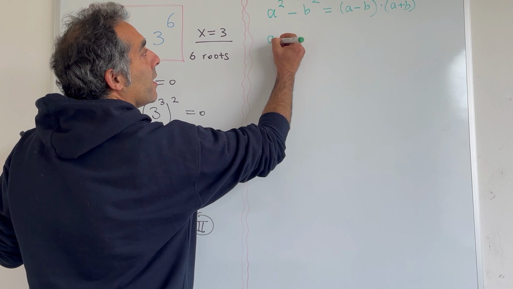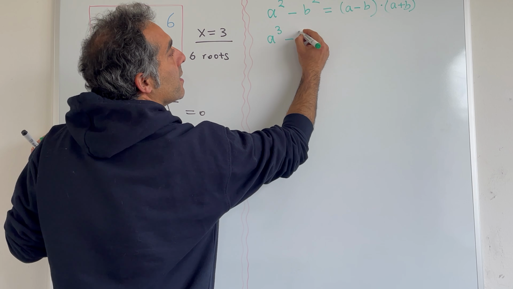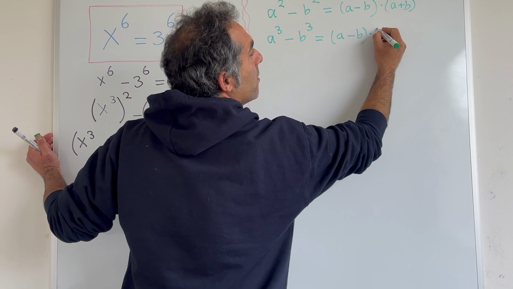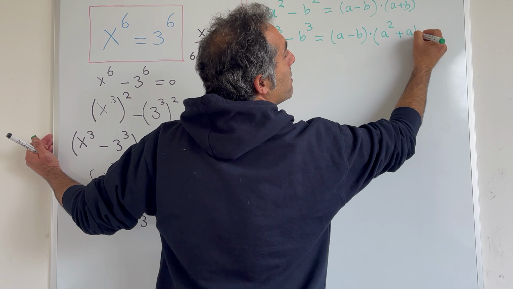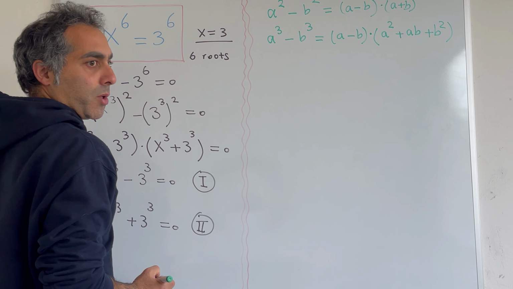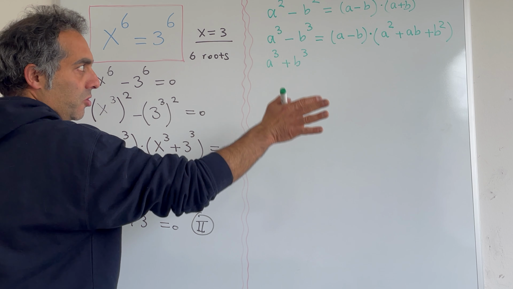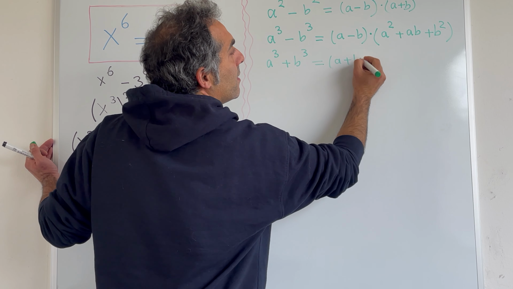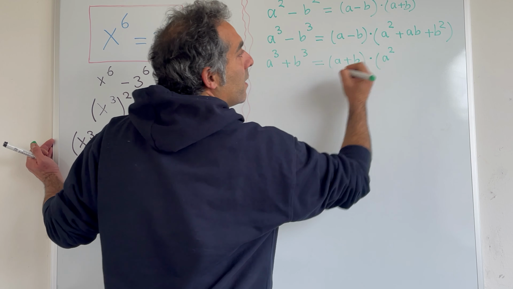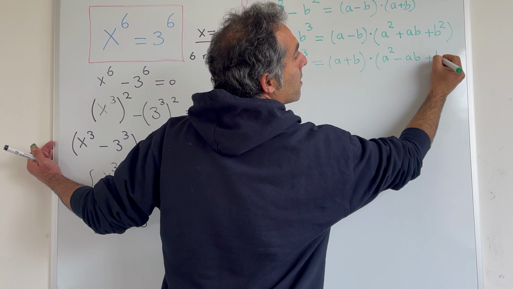You know from the mathematical properties, a cubed minus b cubed equals a minus b times a squared plus a times b plus b squared, and a cubed plus b cubed is just like that with a different sign: a plus b times a squared, here is minus, a times b plus b squared.